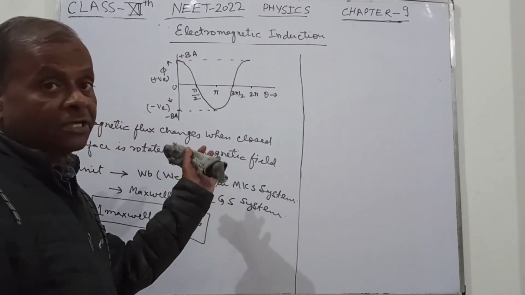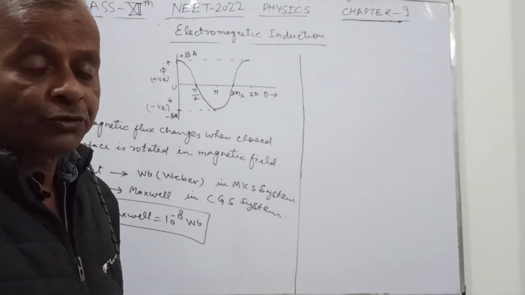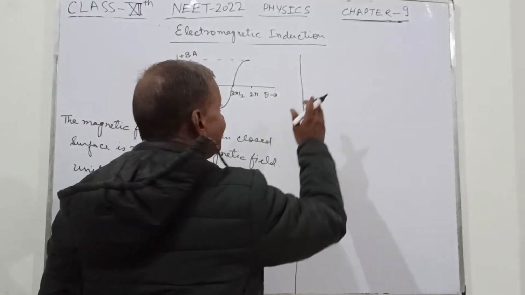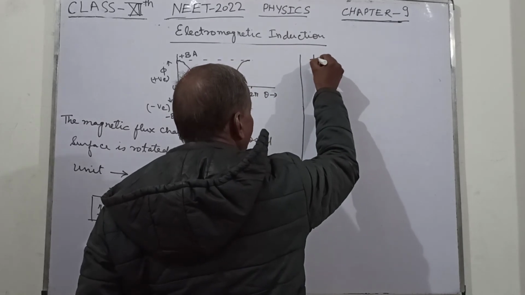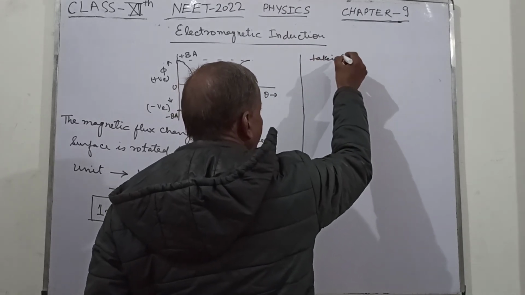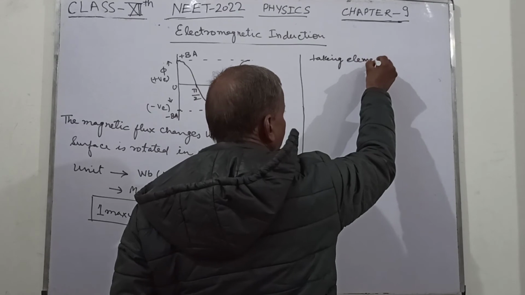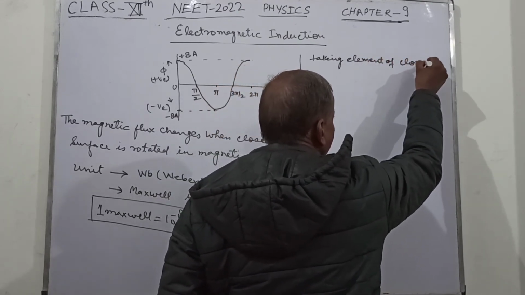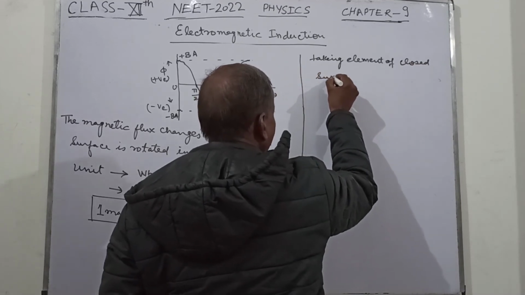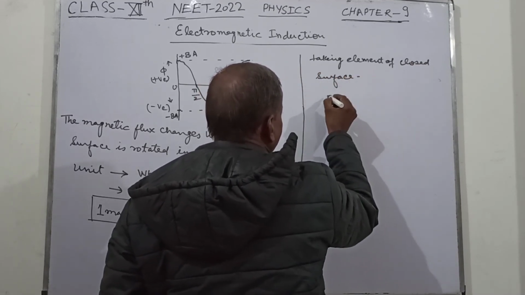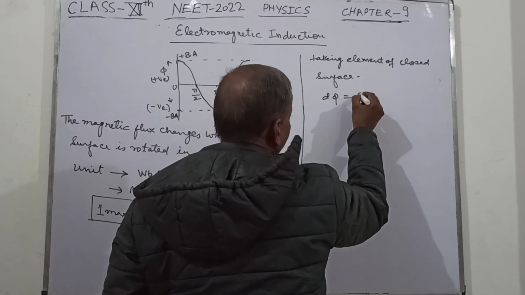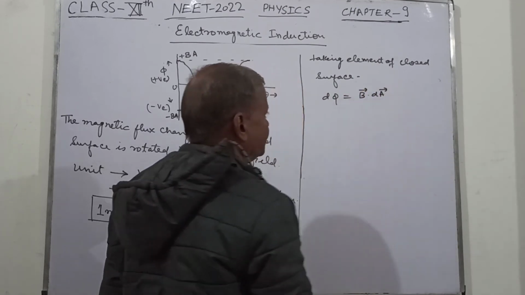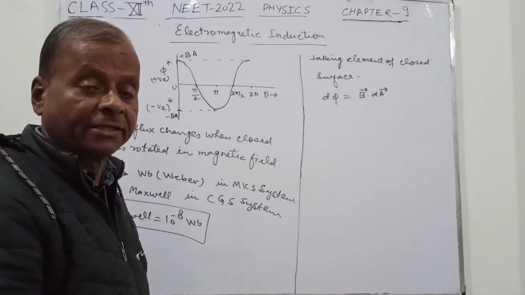Now we have considered the whole of the area. Suppose we take an element area of the closed surface, then d phi is equal to B dot dA.